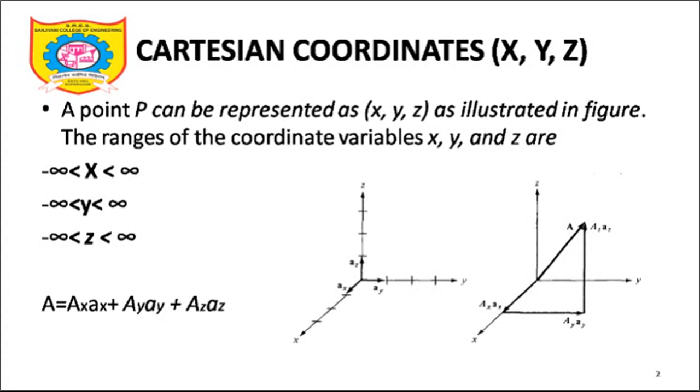But when it comes to three dimensions, if someone asks you to find the point P whose coordinates are x comma y comma z, how do you locate that point? Once we locate that point, if someone asks you what is the position vector of that point P, we already know position vector means distance from origin. So we will draw one line joining point O to point P, and we'll calculate that position vector. The procedure we already know.